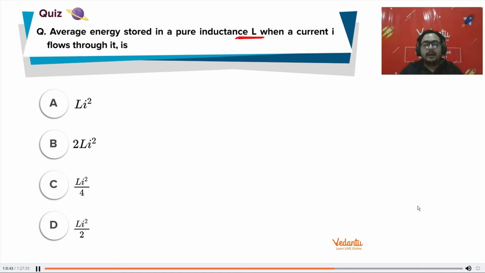Now let's see how many people get it right, I think the whole public will get it wrong. What is the energy stored? Read the options carefully. I will give you 30 seconds to read the options.